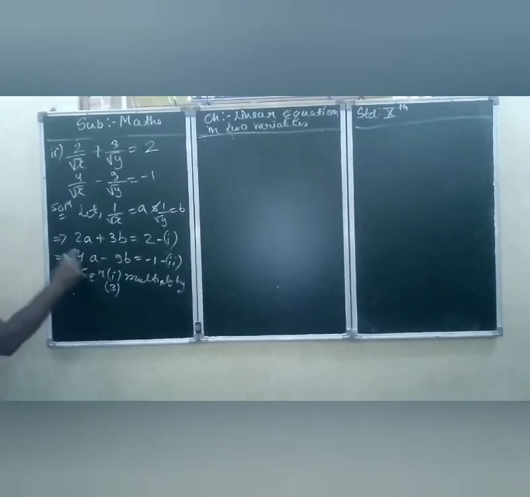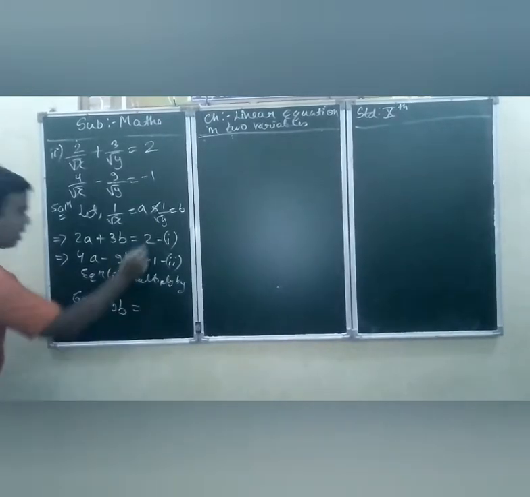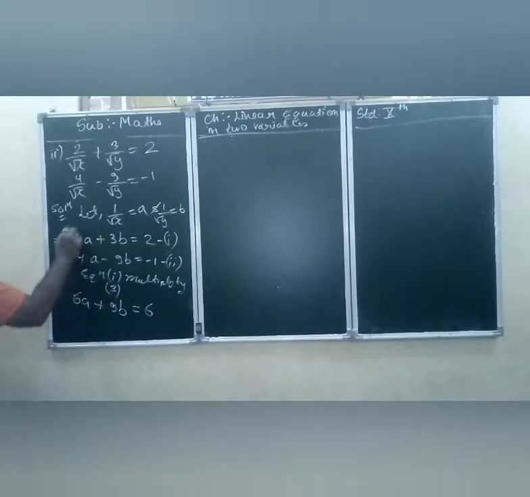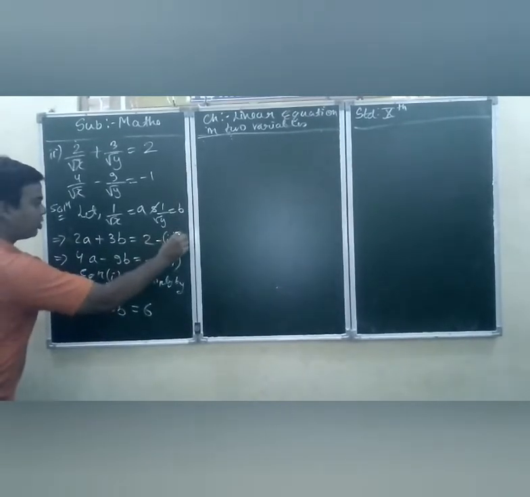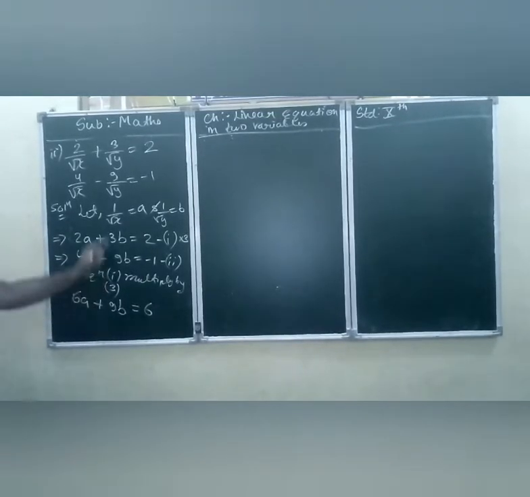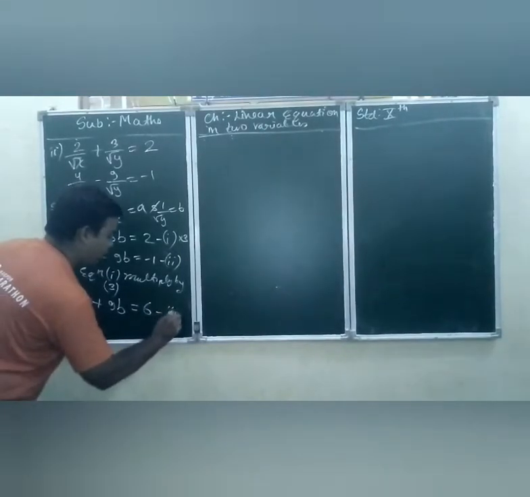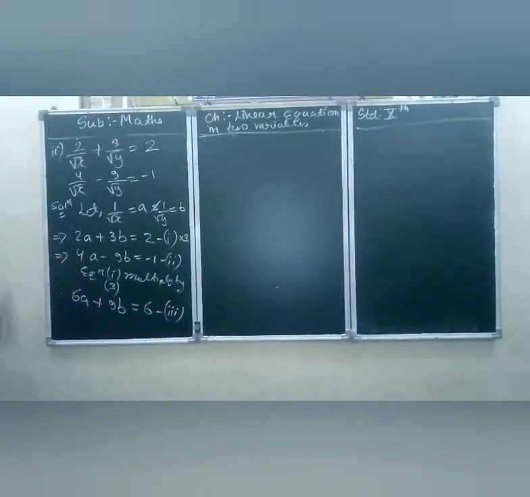So 3 times 2a is 6a, plus 3 times 3b is 9b, is equal to 3 times 2, which is 6. This full equation is multiplied by 3. So this is the new equation. We get the third equation.